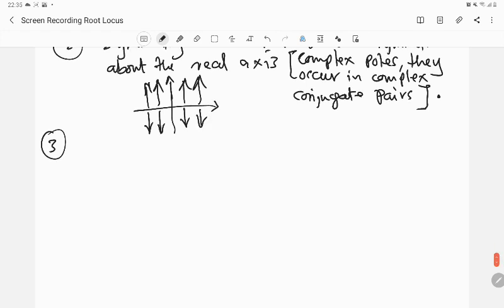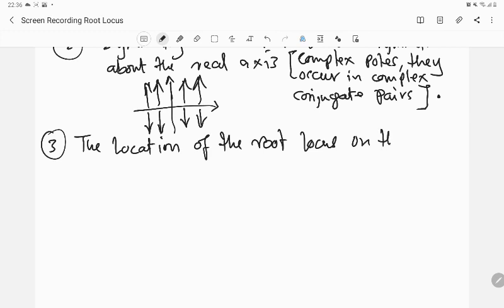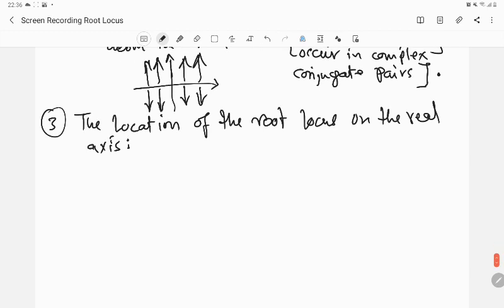Okay. The next principle talks about the location of the root locus on the real axis for k greater than 0.